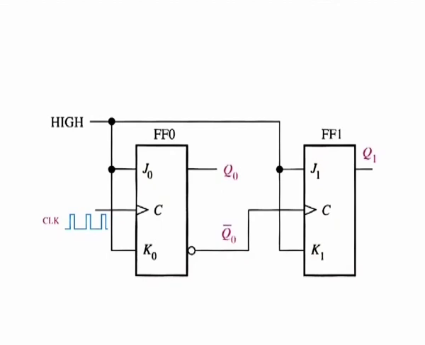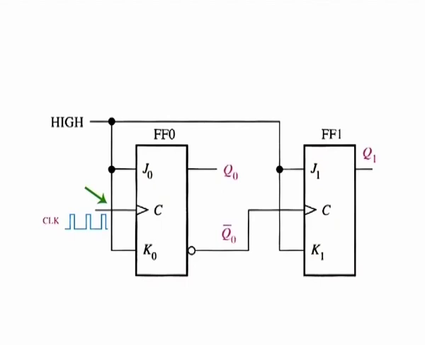Figure shows a 2-bit counter connected for asynchronous operation. Notice that the clock is applied to the clock input C of only the first flip-flop, flip-flop 0, which is always the least significant bit.